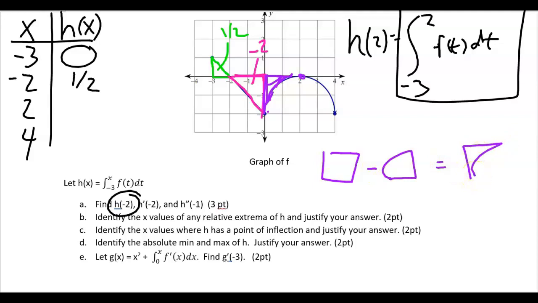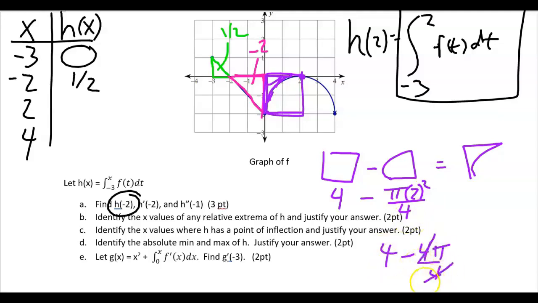Okay, so that square that I traced out there was 2 times 2 in its area, which is 4. The quarter circle, this piece right here, has a radius of 2. So the quarter circle has an area of pi r squared. And since it's a quarter circle, we divide it by 4. And I end up with 4 minus 4 pi over 4.